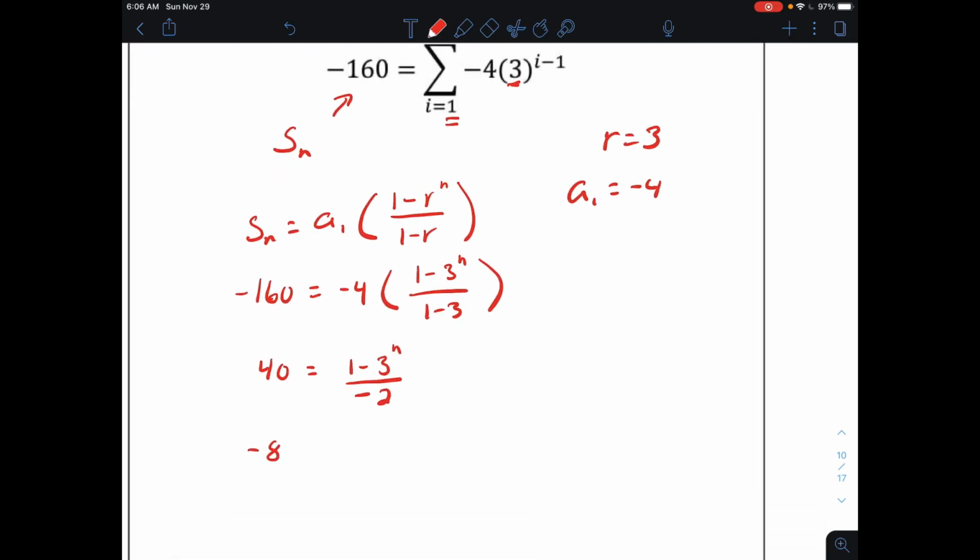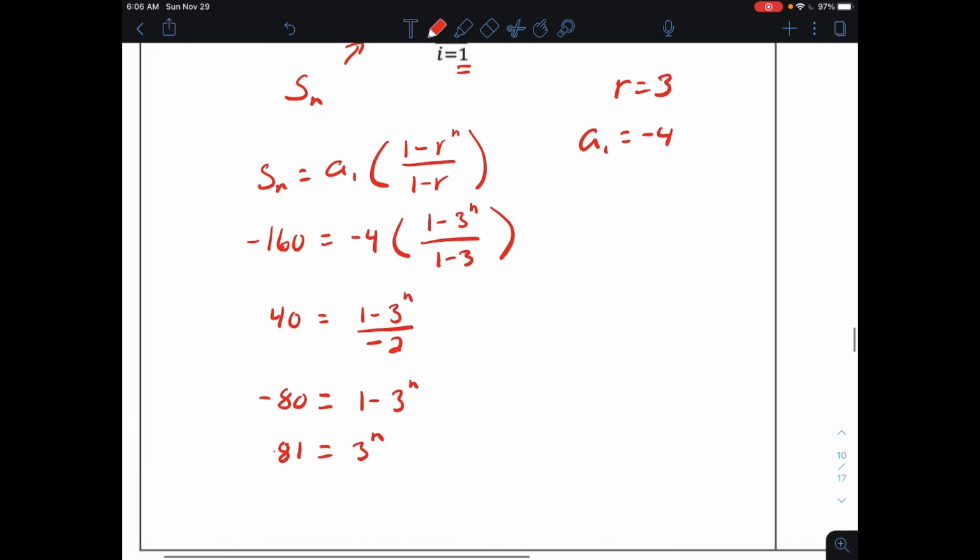So we get -80 is equal to 1 minus 3 to the n power. We're going to subtract 1 and divide by a negative. So we end up with 81 is equal to 3 to the n power. Now, I could solve this by using exponent properties again, because 81 is 3 to the 4th power. So 3 to the 4th power is equal to 3 to the n, and that tells me that n is equal to 4.